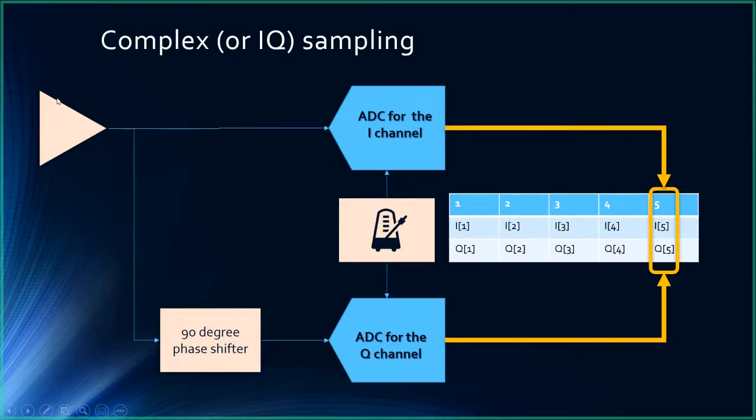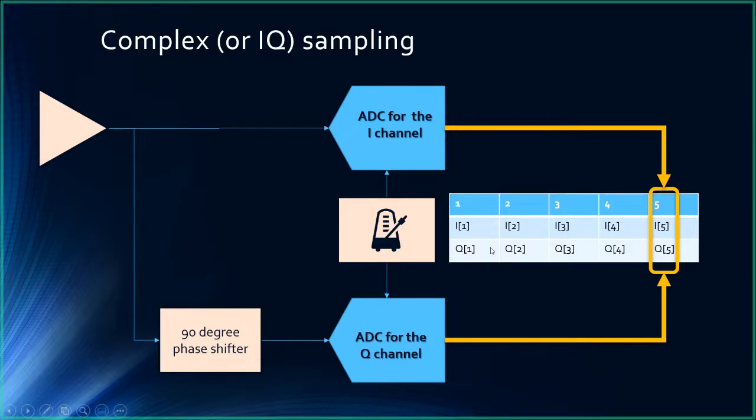So basically, here is how the receiver works. You have on the left the power amplifier, and instead of having 1 ADC that takes 1 sample at each clock, you take 2 samples, and for the second ADC there is just a 90 degrees phase shifter between the 2. So you take the in-phase, that's the I channel, and you take a shifted signal, that's the quadrature signal, the Q channel.